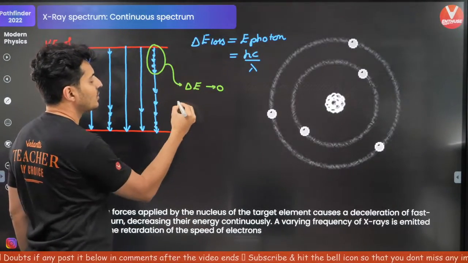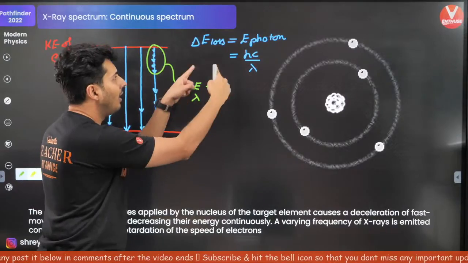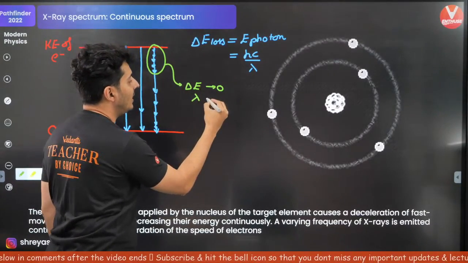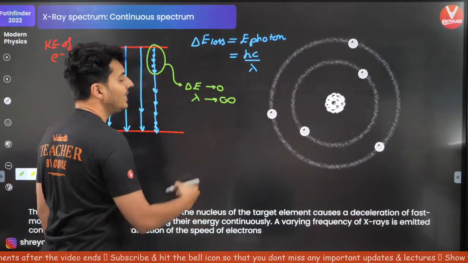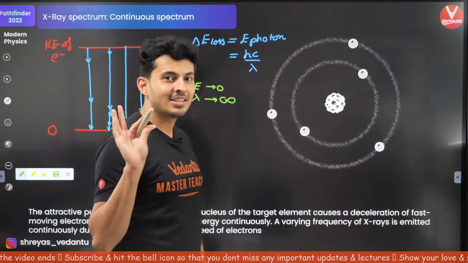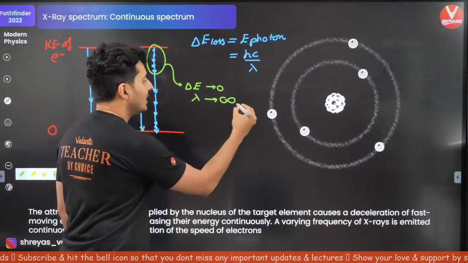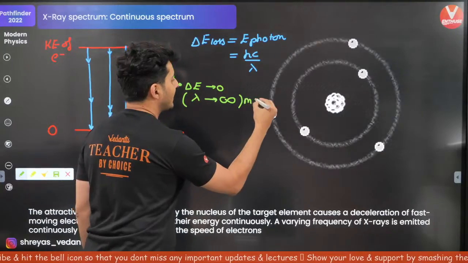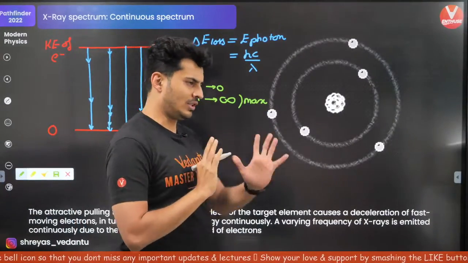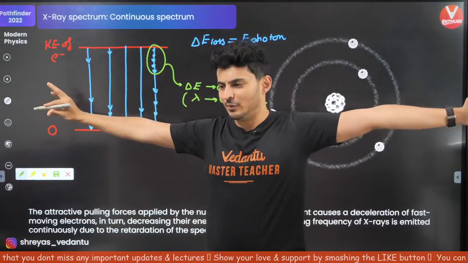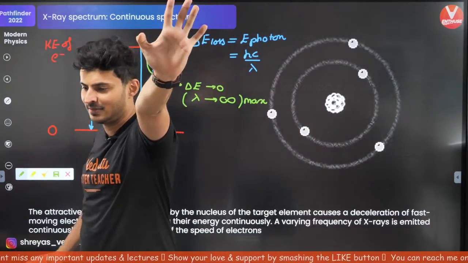When delta E tends to 0, what will lambda be? Lambda tends to infinity. Agreed? Lambda tends to infinity. Isn't this the max value of wavelength? So this is the maximum wavelength that can be emitted when a small amount of energy is lost.